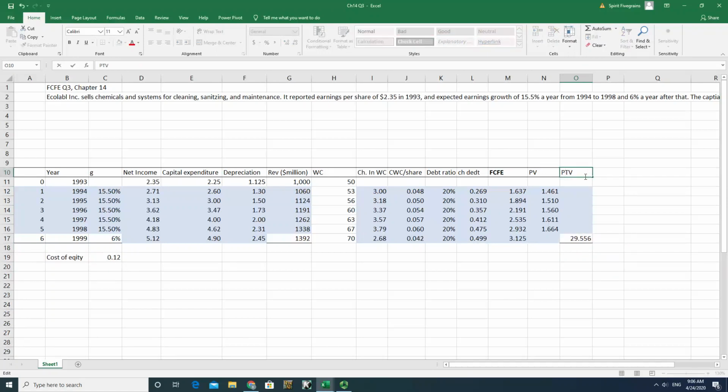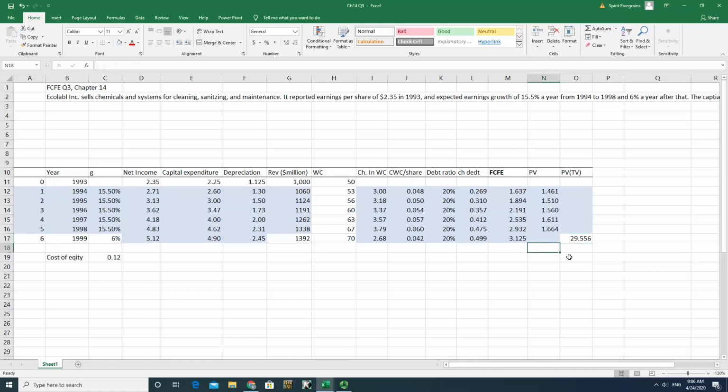PV, PV of terminal value. TV is terminal value. The value of the second stage, right, based on the constant growth model. So the total value of equity would be the sum of those 5 present values plus this terminal value.